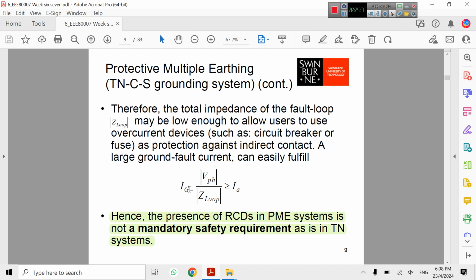IG, which is the fault current or ground current, is phase voltage over Z loop, which in the TN system, as mentioned many times, includes the impedances of the PE or PEN and the conductor, and if it's close to the source transformer, that should also be considered. Hence, the presence of an RCD in a PME system is not a mandatory safety requirement, as in the TN system.